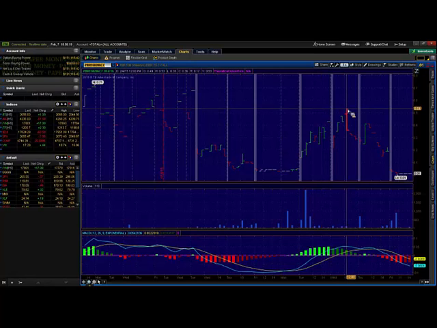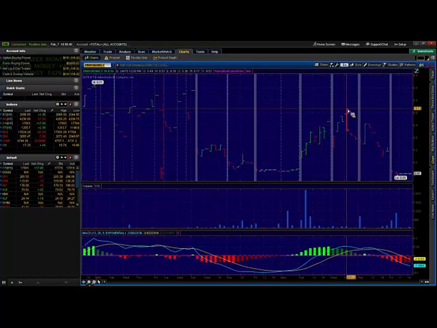Again, so that's 2 different times, both with the quality divergences that I look for on the daily chart, and each one of them produced returns in excess of 1,500 to 2,000%.